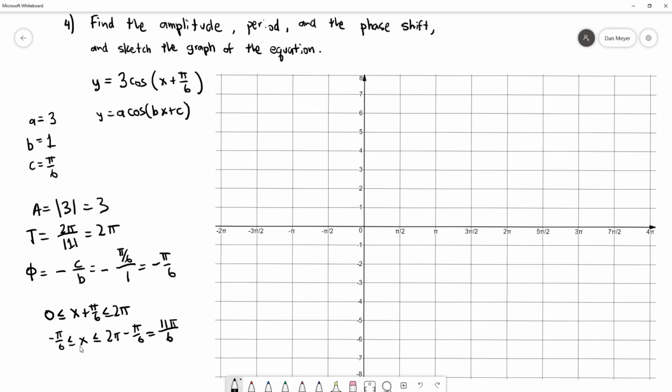And so I think amplitude and period, that's roughly standardized language, and everybody means roughly the same thing when they say amplitude or period. But with phase shift, different teachers might mean different things. And in this class, phase shift is the number. Phase shift is not only the amount of shifting, but also the direction of the shift. And so we want this number.